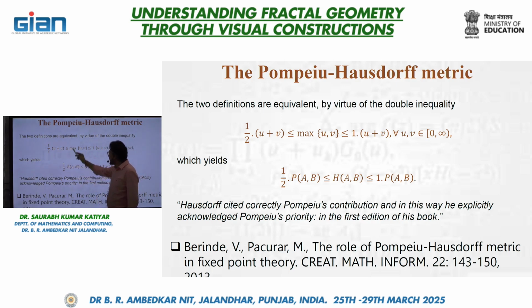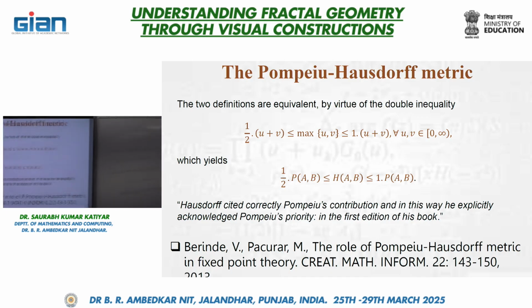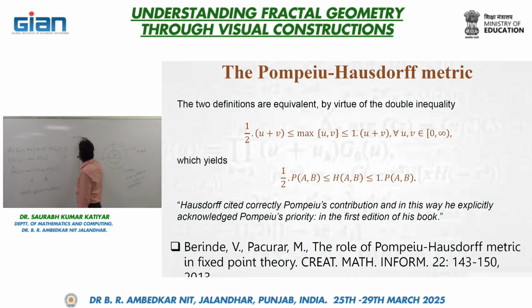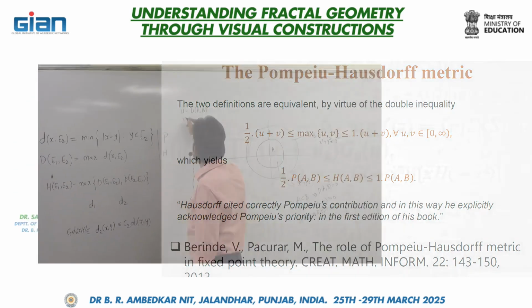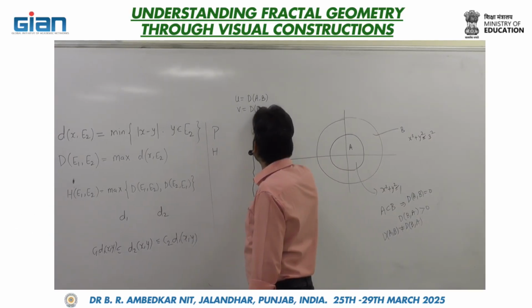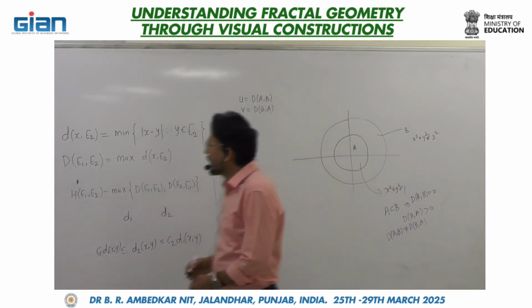Now the maximum of d of a comma b and d of b comma a is your h of a comma b. You write u as d of a comma b and v as d of b comma a.